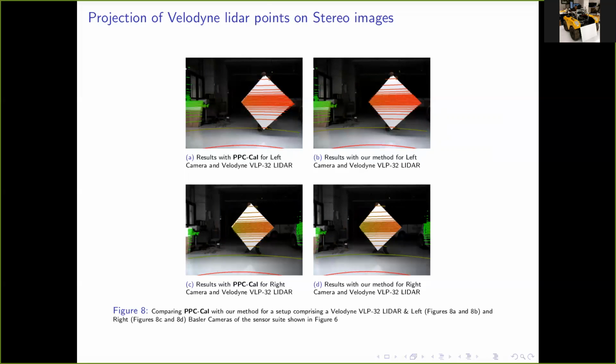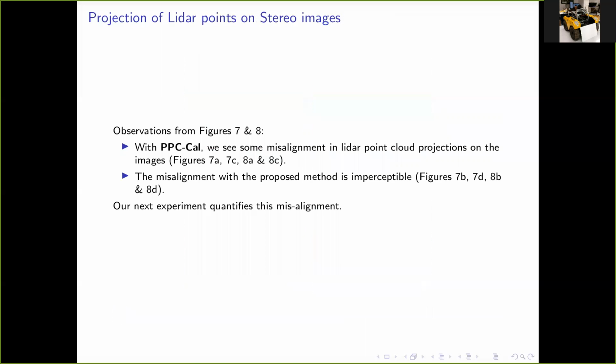Similar results are presented in figure 8, which presents the results of the Velodyne LIDAR. We can qualitatively say that the proposed method performs better. In the next experiments, we quantify this overshoot or misalignment in projection using the average line reprojection error.